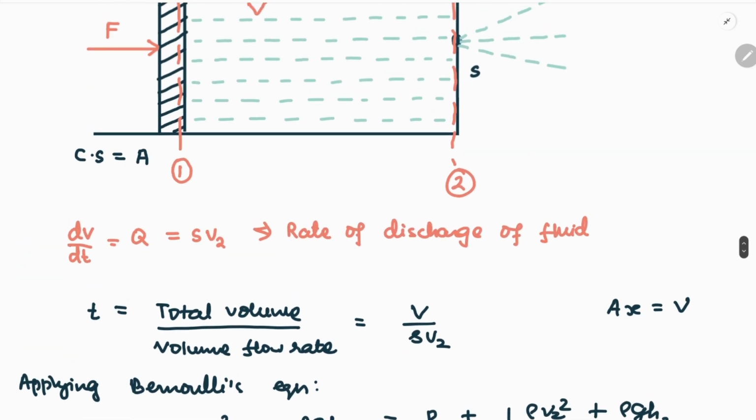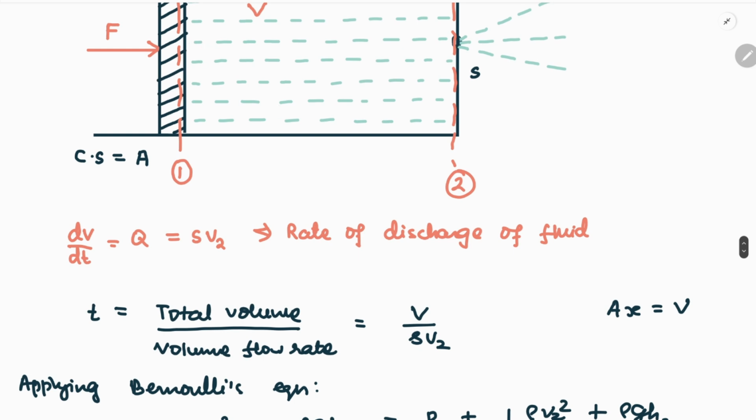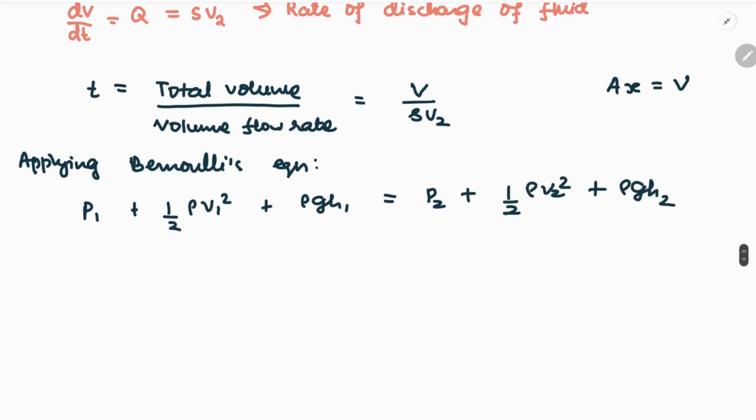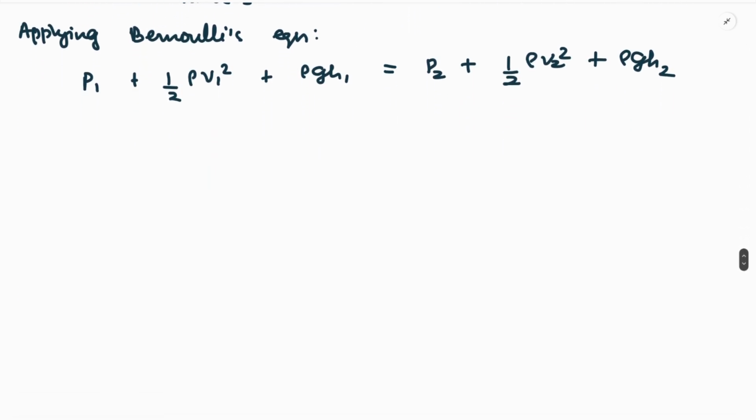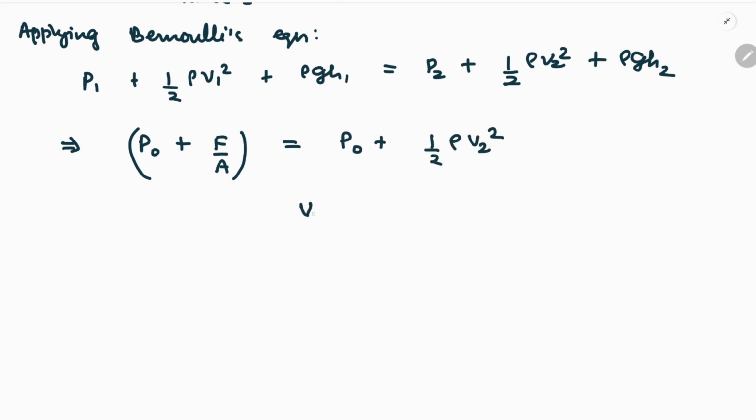Now one thing about this particular problem is that since both the surfaces are at the same horizontal level, we have no term for H1 and H2, that is, H1 and H2 are the same. So we write it as P naught plus F by A, where P naught is external pressure, and this is equal to P naught plus half rho V2 square. So from here we get V2 equals root over 2F by rho A.